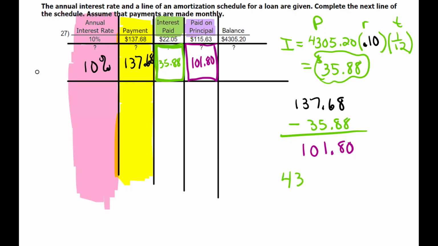Your balance of 4,305. So I'm going to take the 4,305.20 and subtract the 101.80. Why won't that erase? That is so weird.